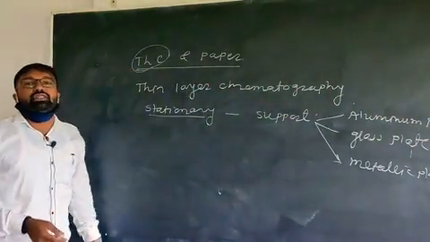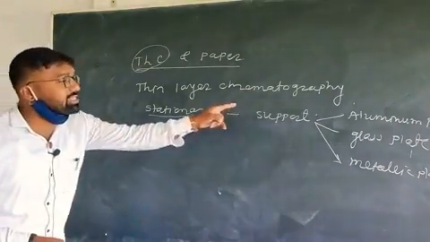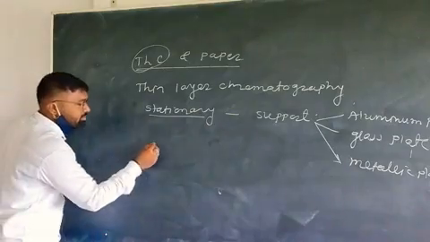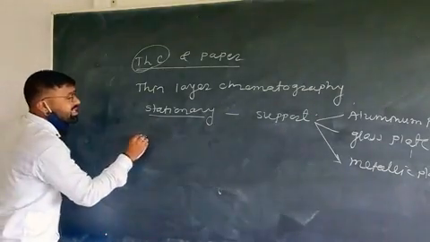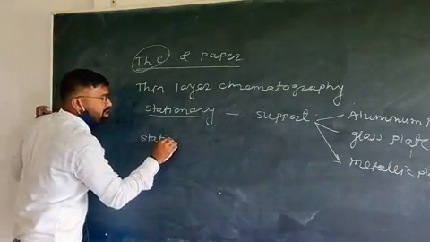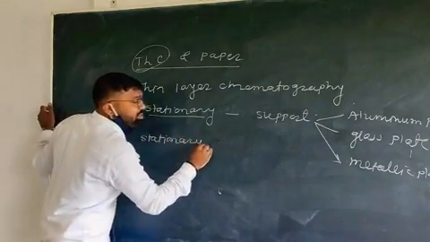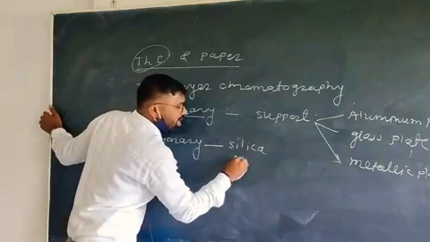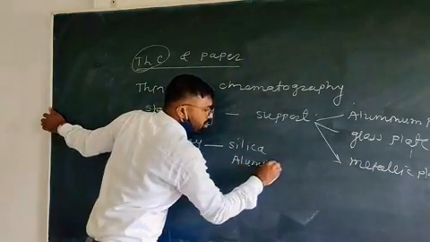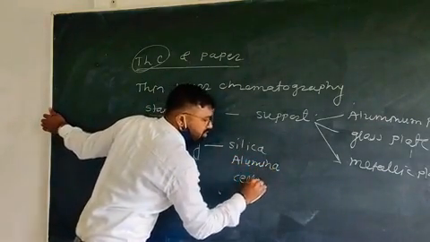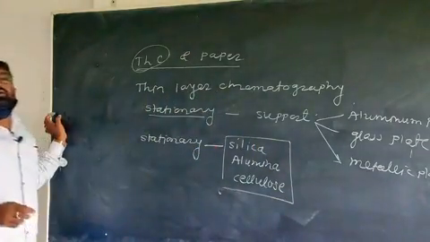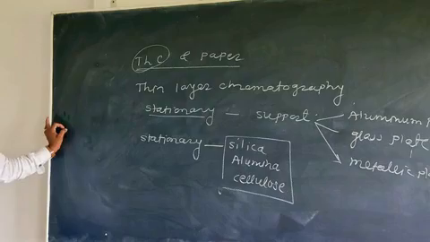On this inert solid support, you can apply the adsorbent, okay. That is the stationary phase. The stationary phase may be silica gel with proper mesh size, alumina or cellulose. These are the stationary phases which can be used for different kinds of separation during TLC, right?